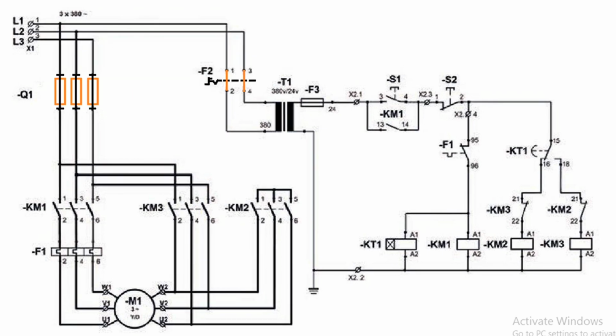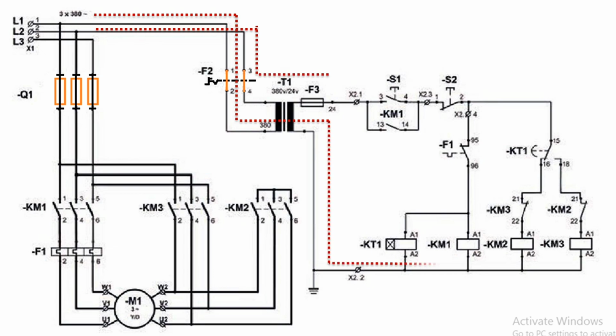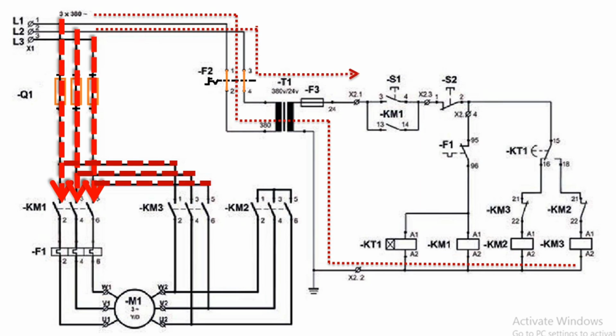Once you switch on the breaker manually, the voltage will pass through the transformer, which will convert 440 to 220 for the control circuit, but the current path is not complete because of the start push button S1 contact. The current will not reach the contactor coils KT1, KM1, KM2, KM3. So the current will not reach the motor and the motor is in off position.